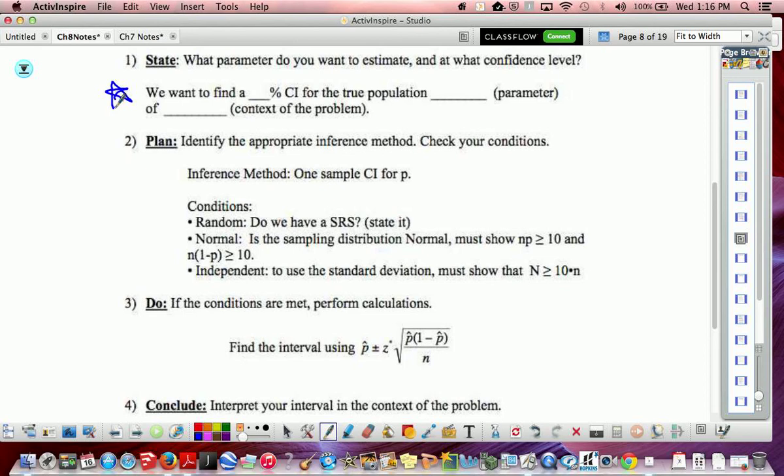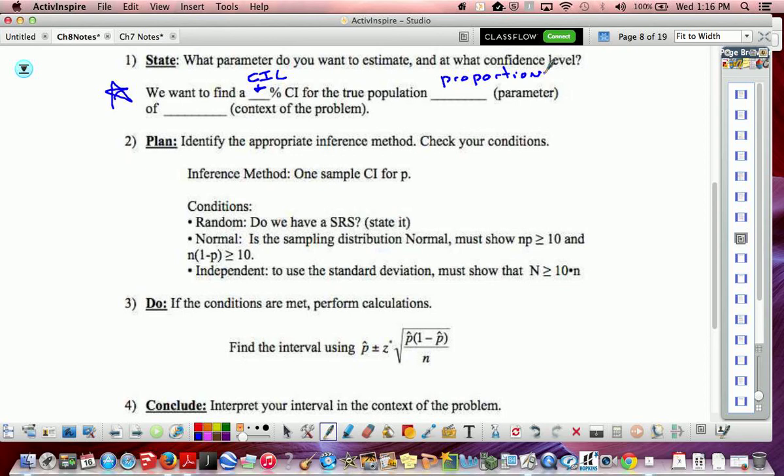I'll give you a fill-in-the-blank sentence to do. We want to find a blank percent, so this is your confidence level: 90%, 95%, 99%. Confidence interval for the true population parameter. Today we're doing proportions.